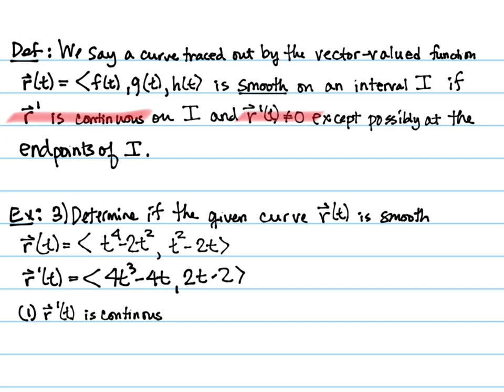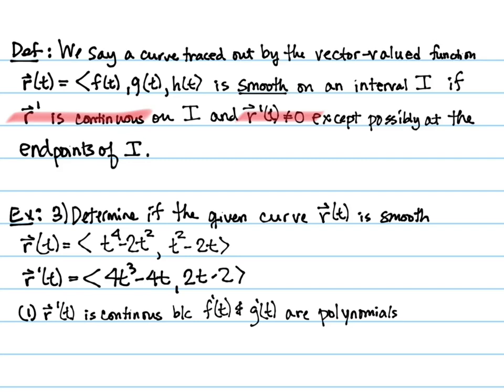So the reason this is continuous really is because the components f prime of t and g prime of t here are polynomials. There's similar statements for radicals and rational functions as well. As long as you're on the domain for them and you don't have a domain issue, then they're smooth too. So you get all those for free, basically, from the earlier chapters in this particular book and Calculus 1 in general.